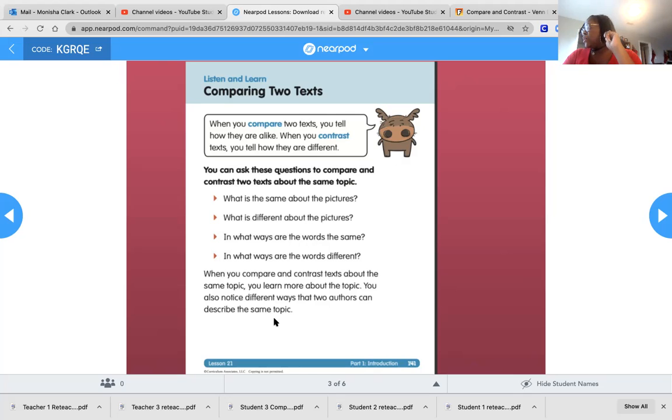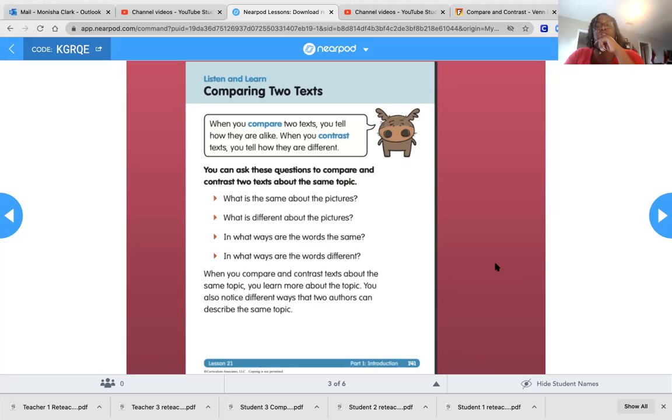Why did one use a photograph and the other use an illustration? Why did one tell just one detail and the other tell more? Asking and answering questions makes me a good and active reader.